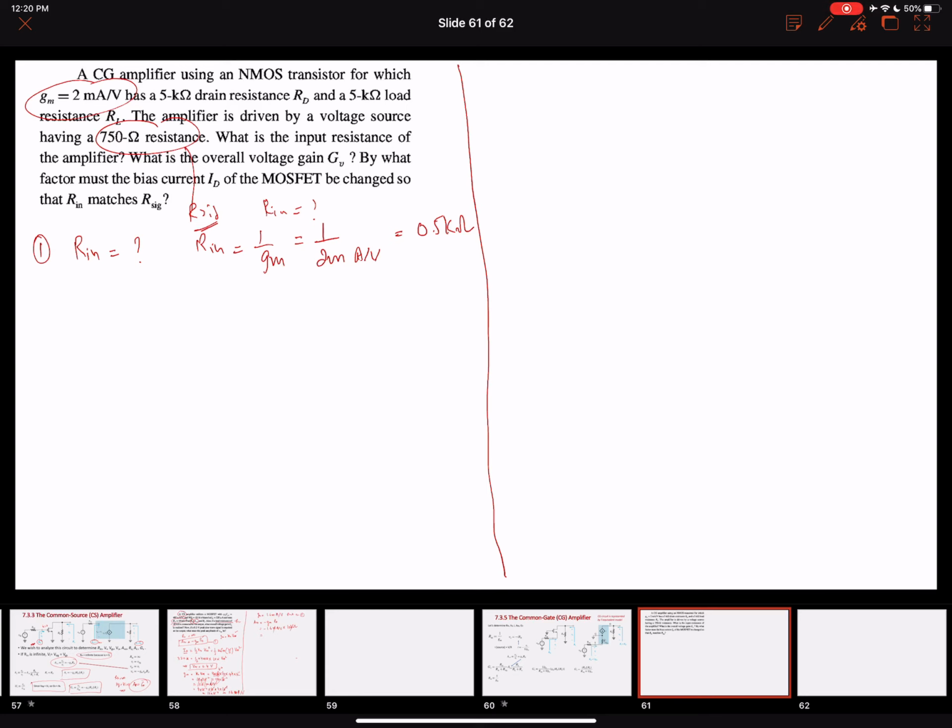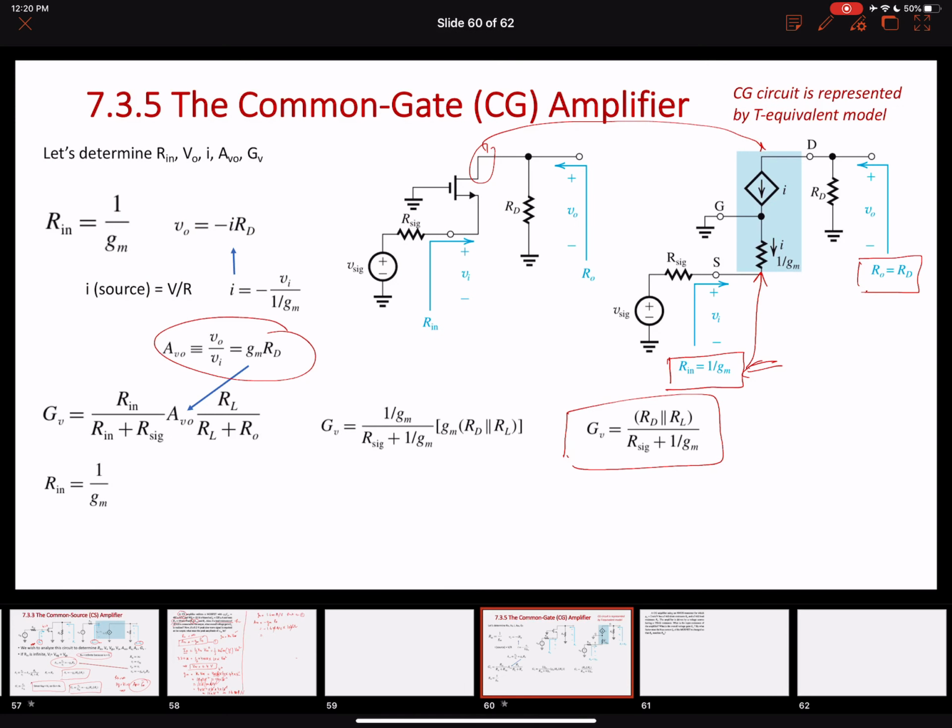Okay, the second thing we need to do is find the value of the overall voltage gain. Going back, the overall voltage gain is this: with a load resistor, we have RD in parallel with RL over R sig plus 1 over GM. If you put down these values, you can calculate that very easily.